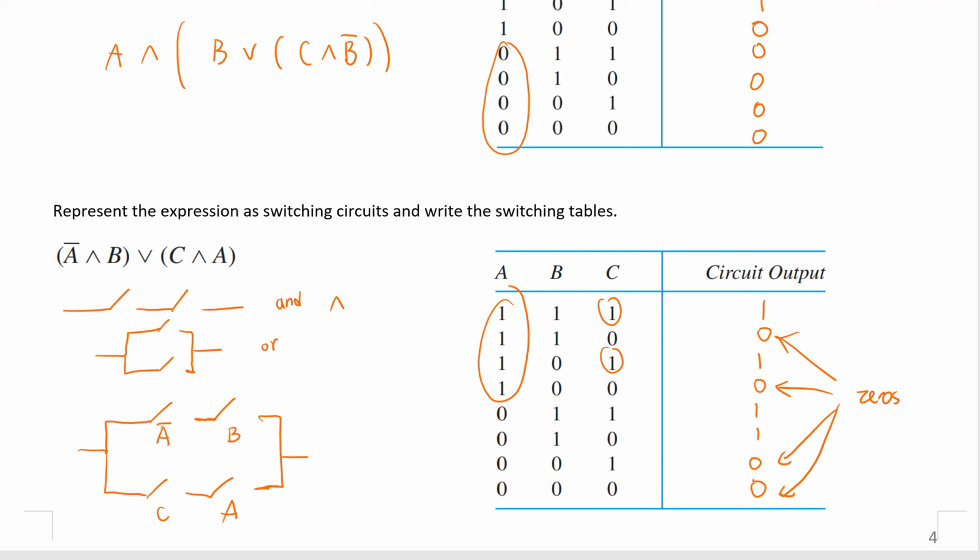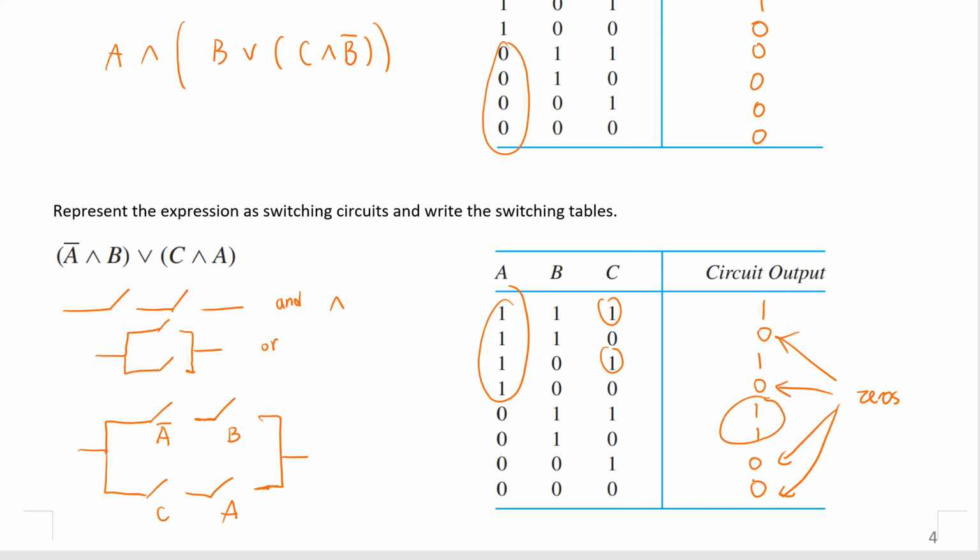Is that okay? So this is one way you can look at each path. Okay, you look at the first path, when you can go through, right? So the first path here we have A bar and B. So that's when A is 0 and B is 1. We can go through. Okay, so we find those two.